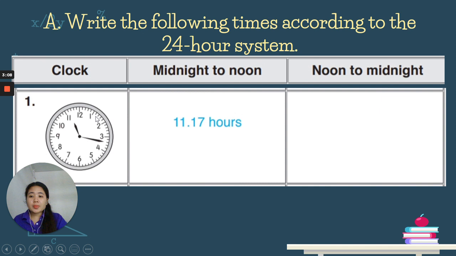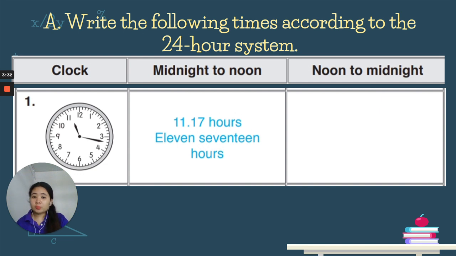Then let's count the minutes: 5, 10, 15, 16, 17. So that means it is 11:17 hours. If you write that in words, just copy, 11:17 hours. Just the normal one if you read numbers.